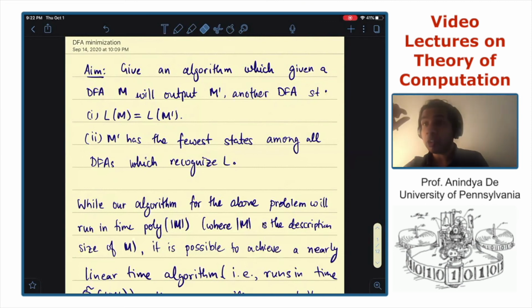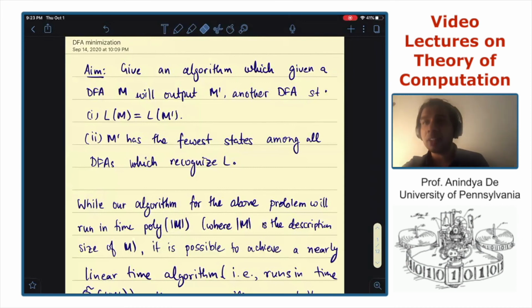If instead you were to think about general programs, let's say C programs, then later in the course you will see that a similar algorithm is provably impossible.